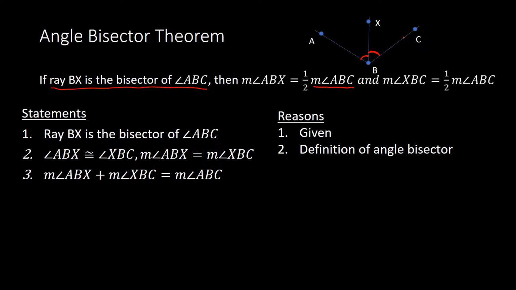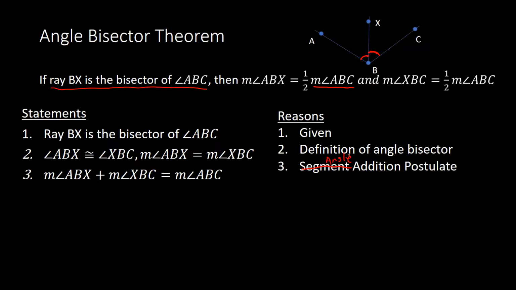So if I add those two measures together, I get the measure of angle ABC. And the reason for this one is, sorry, it should be angle addition postulate. Once again, make sure you know your definitions, make sure you know your postulates.